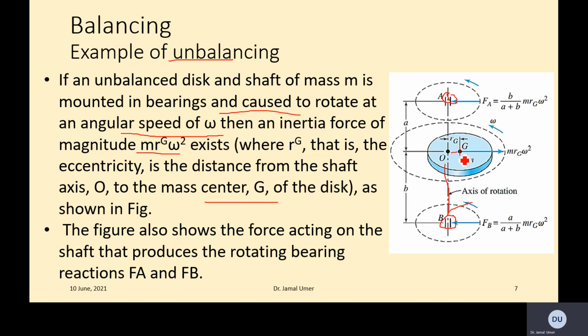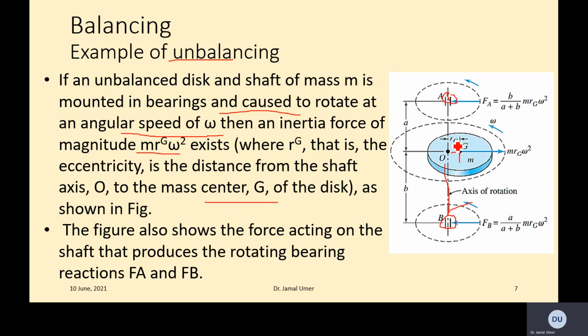This is G, the mass center of the disc. If the disc is connected at G, if this G point is over here, meaning r_G is 0, then the disc is centered on the shaft.